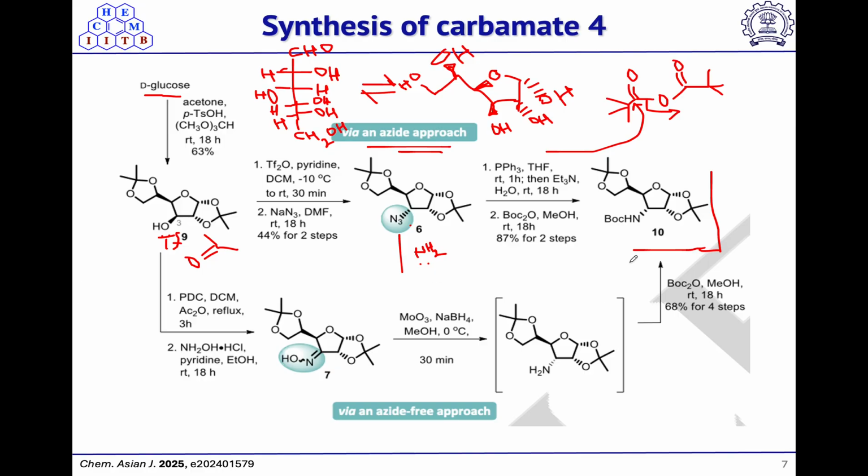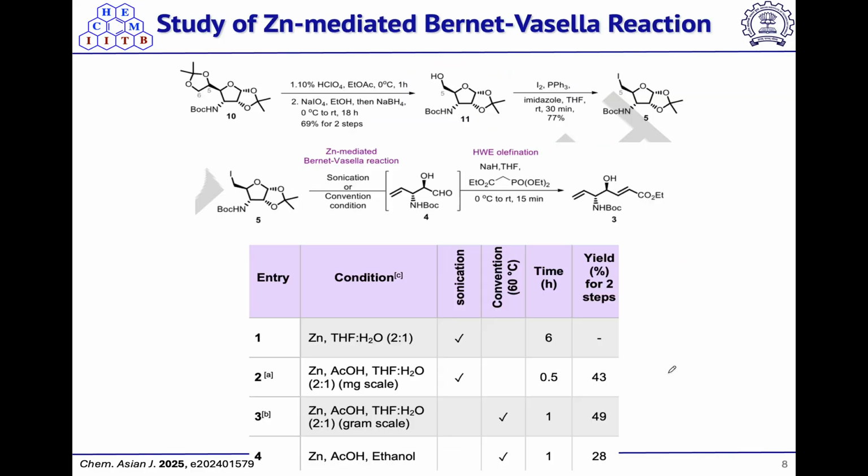Okay, so now we'll start from this compound 10 and we'll see. After getting this compound 10, first we are treating with 10% HClO4. HClO4 is an acid, right? In ethyl acetate, 0 degrees centigrade, 1 hour. So what will happen?